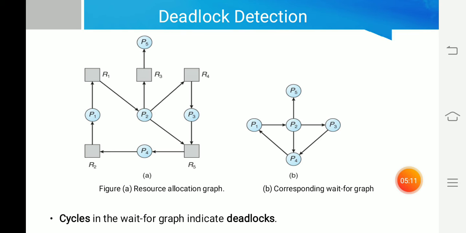And P1 to P2, P4 and P1, we are reaching there too. So the cycle is present, and the deadlock is present. P1, P2, P3, P4 are the processes responsible for the deadlock. P5 is not leading to deadlock.